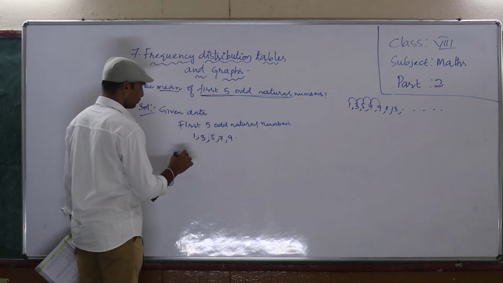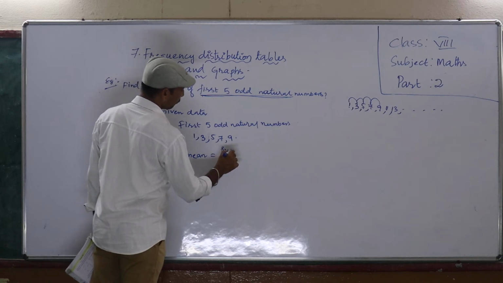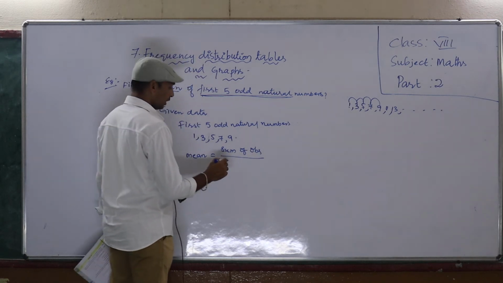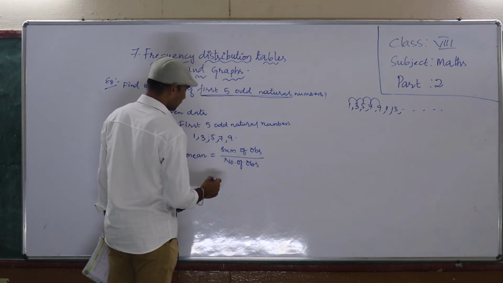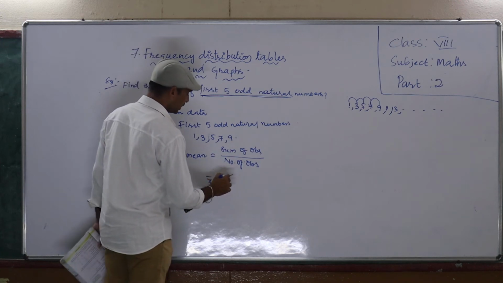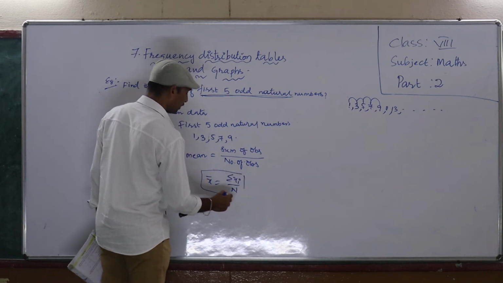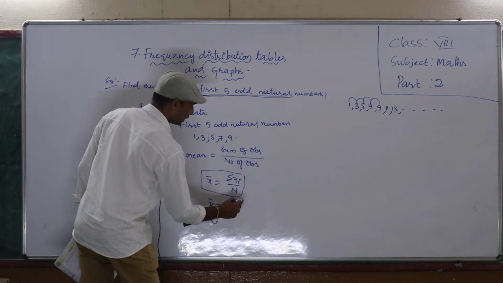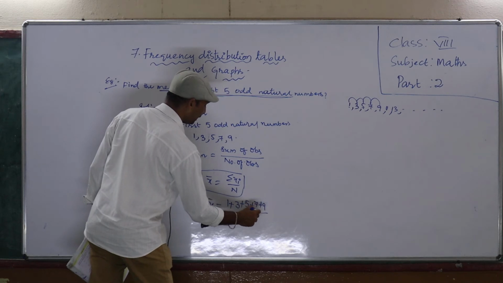So now formula: mean is equal to sum of observations by number of observations. Nothing but x bar is equal to sum of observations, sigma xi by n.